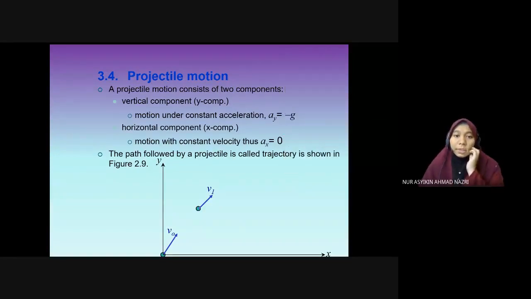At this point we have a different angle.